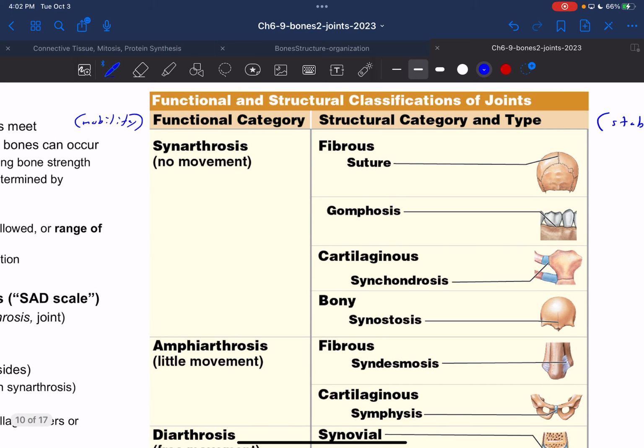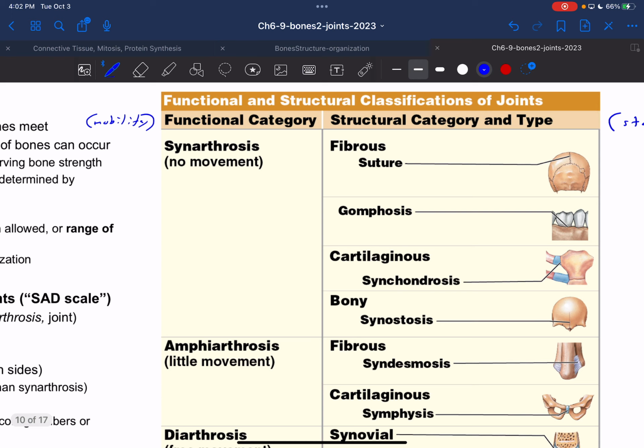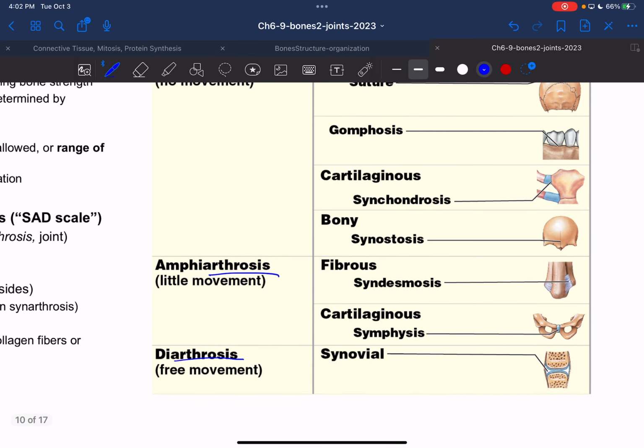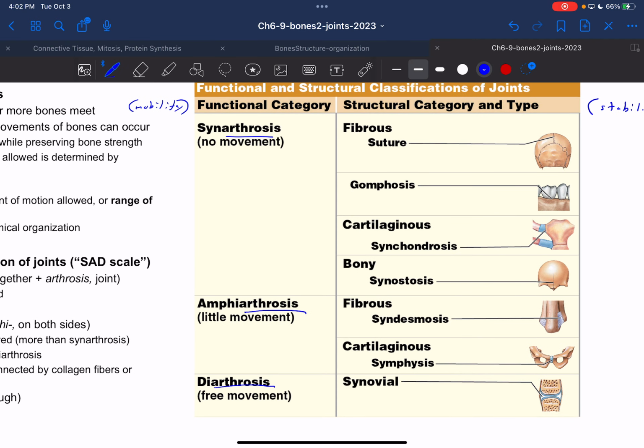And so you can see that some of this is going to sound familiar. We have arthrosis, arthrosis, arthrosis. Some of us might have heard this before. This is going to refer to something that has to do with joints. If you start seeing this word, a lot of these terms aren't so intimidating.